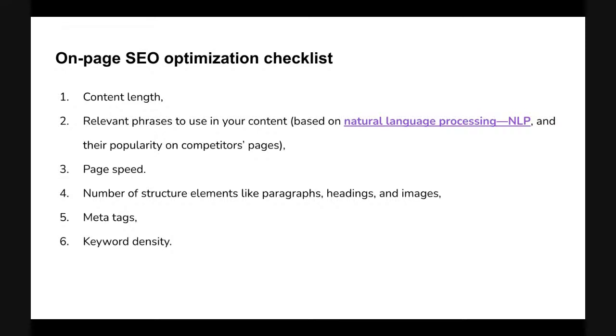Basically, Google, for intent and purpose, is also an AI, a tool that's searching and looking at the different words and phrases being used in the content, and then comparing those words and phrases to the popularity of words and phrases on competitor pages. It is using NLP, which I'll refer to as a type of technology, to do that work. So number 2 is relevant phrases in your content.